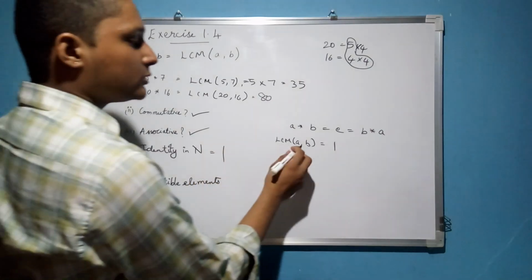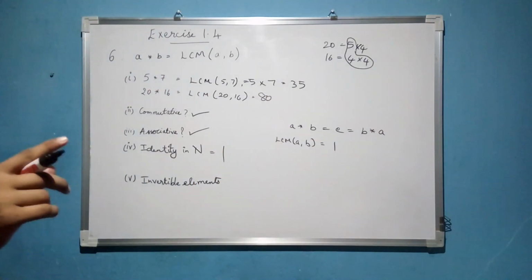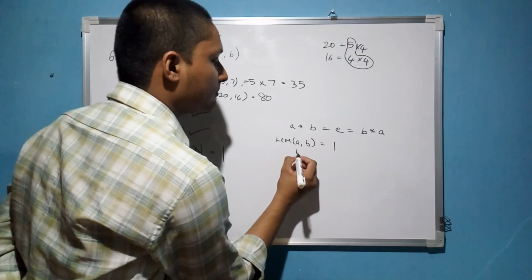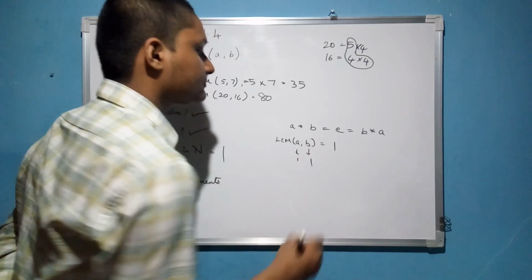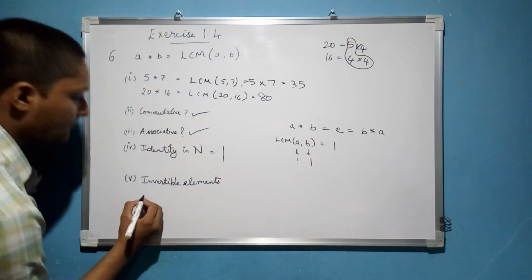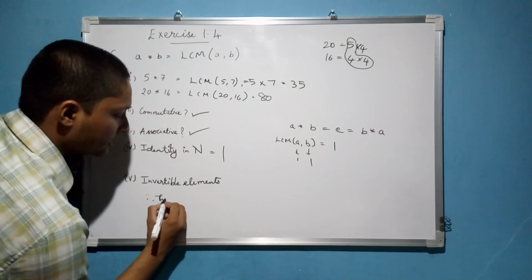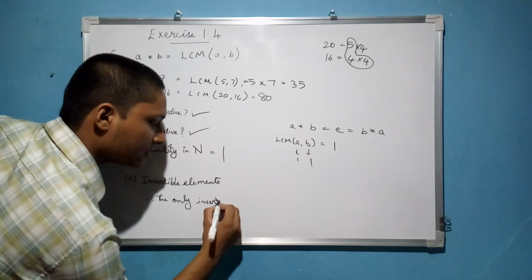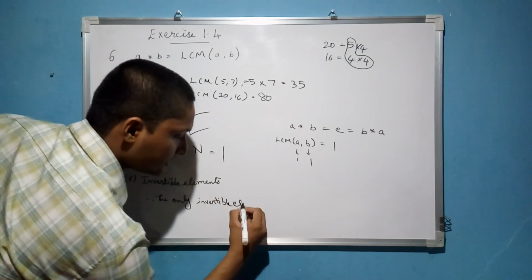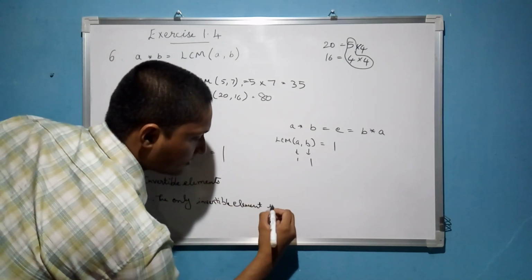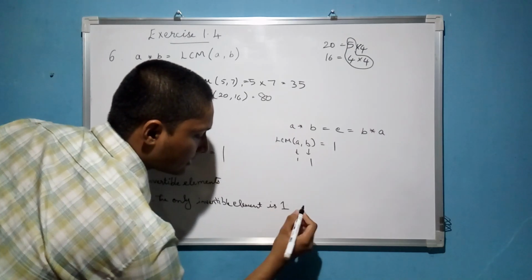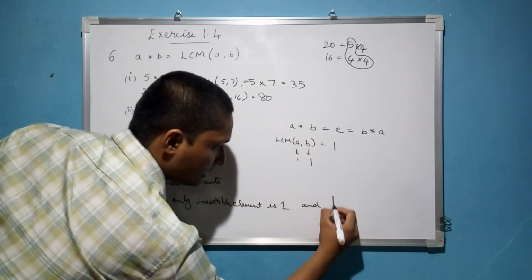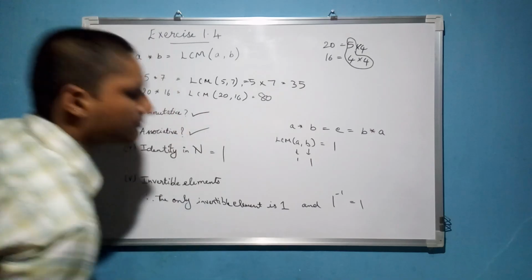So LCM of two numbers is 1. If LCM of two numbers is 1, both the natural numbers should be equal to 1. Therefore, the only invertible element is 1, and inverse of 1 is equal to 1.